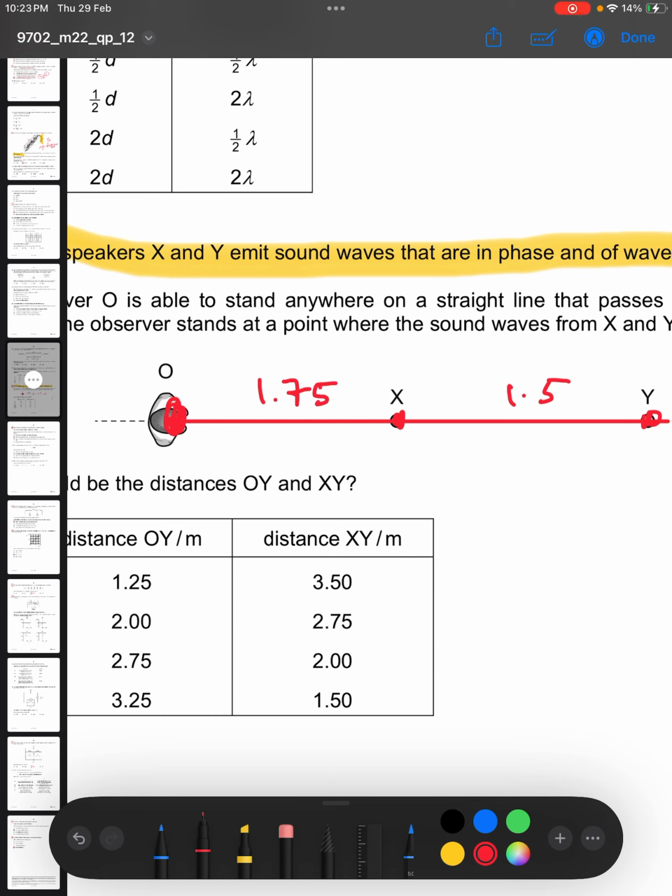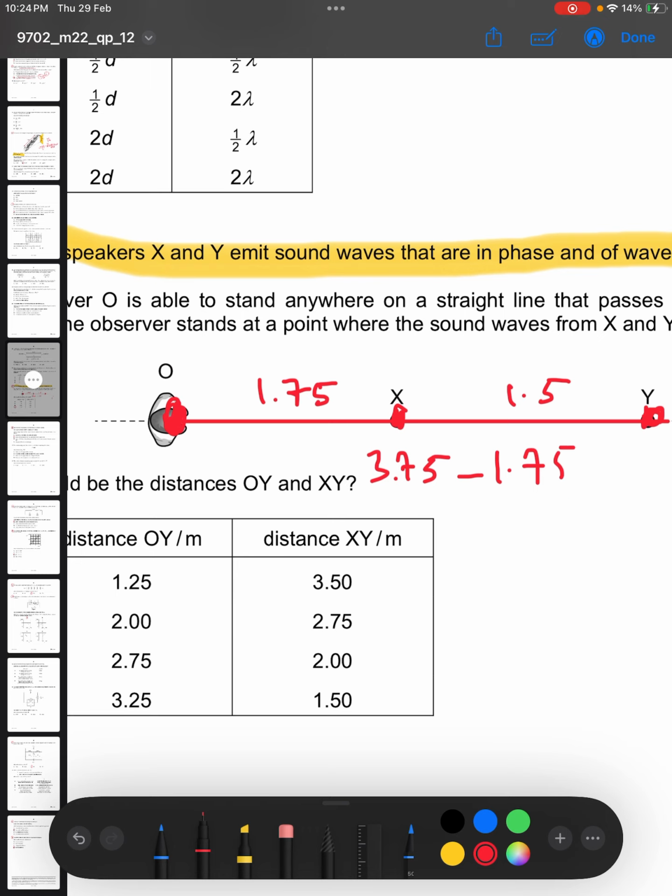So this will be 1.75. Okay, so the distance moved by the wave from Y to O is 3.75, but the one from X to O is 1.75. So 3.75 minus the distance moved by the wave from X to O, which is 1.75.